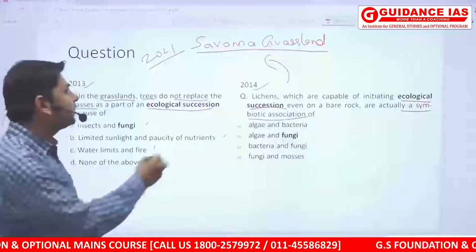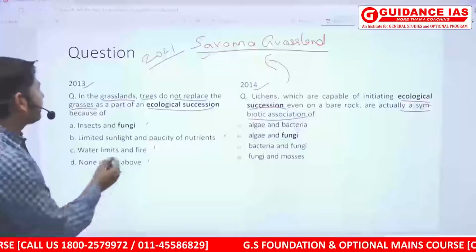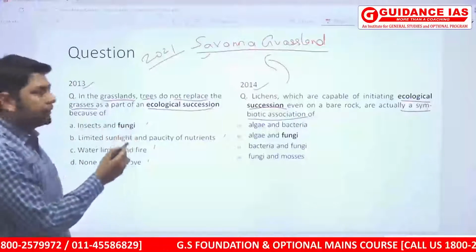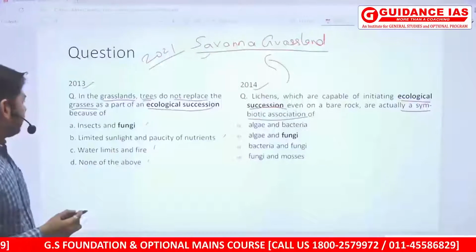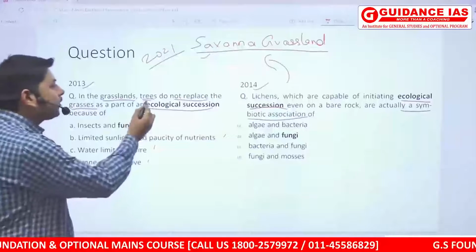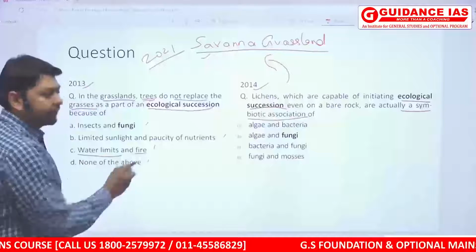We'll see that in further discussion. Here, for grassland, trees cannot grow more because of water limits and fire.